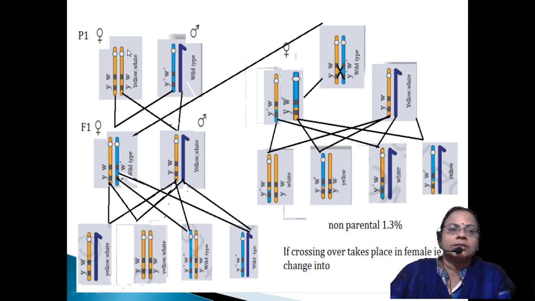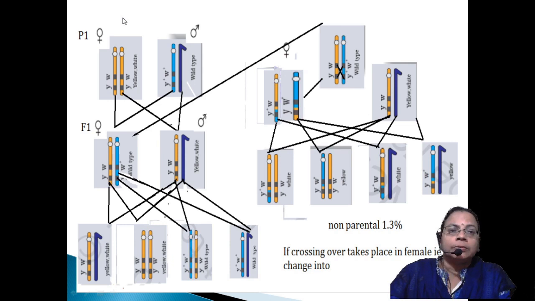Here he has selected two characters: the first is body color and the second is eye color. He found that these two are located in the X chromosome. The female Drosophila carries two X chromosomes, which is why it is shown as two yellow rod-like structures.